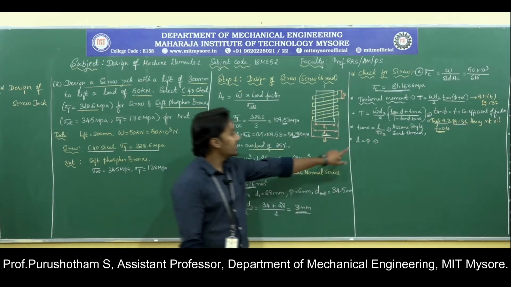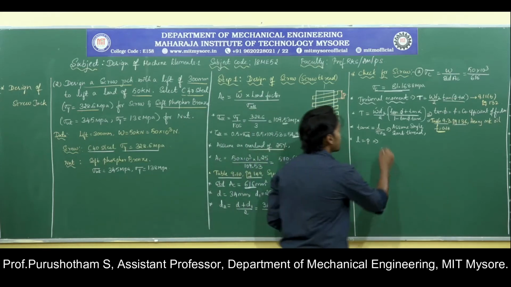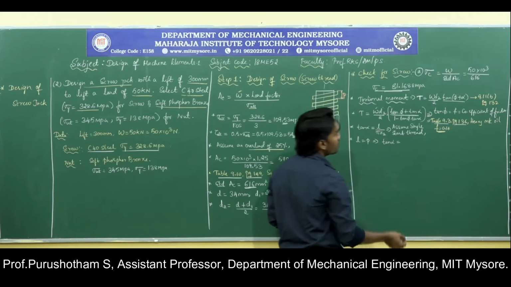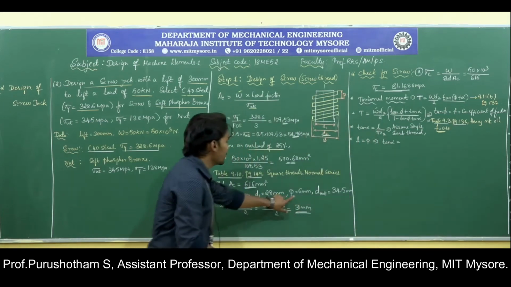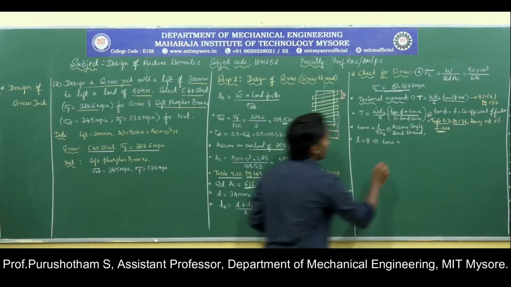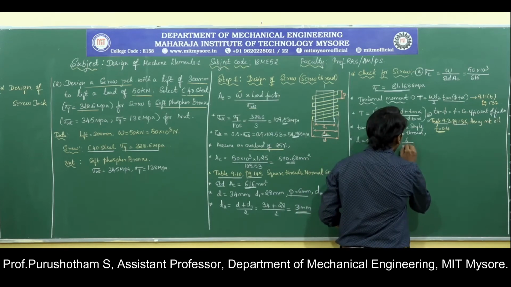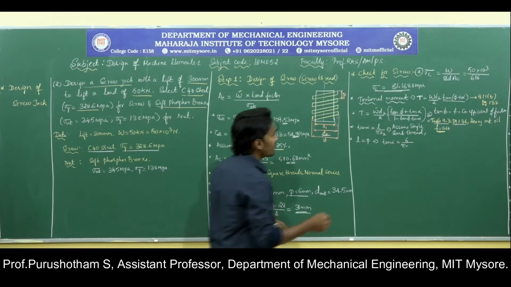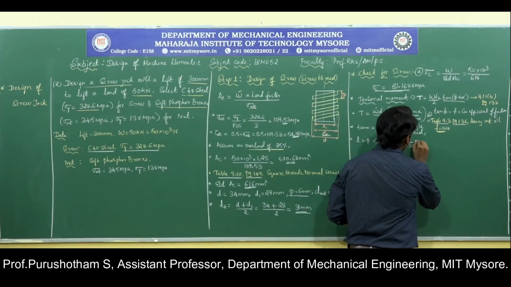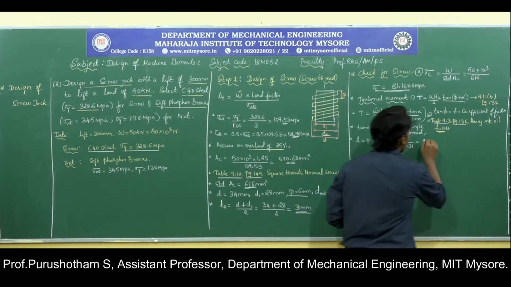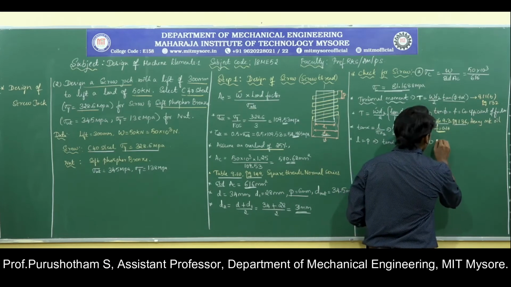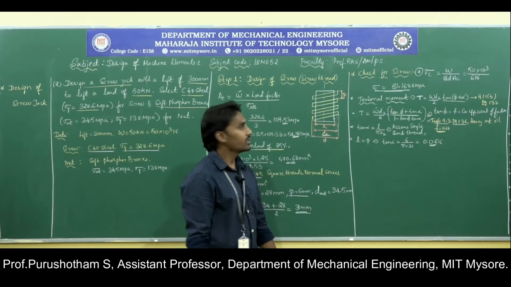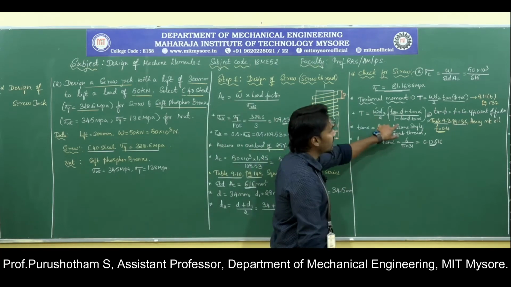The pitch value is 6 mm, divided by pi d2, where d2, the mean diameter, is 31 mm. This gives 0.0616. So from this equation we know all these values.